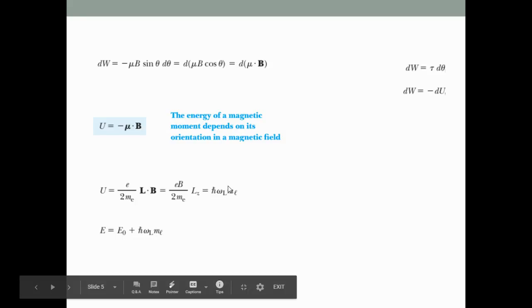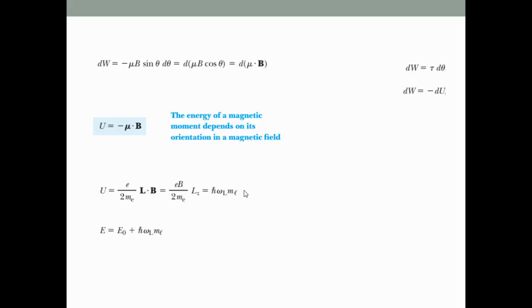And also noted from this equation, it has the value of ml. From this it is clear that the energy of a magnetic moment is quantized, that is it depends on the orbit magnetic quantum number ml. So this must be quantized.